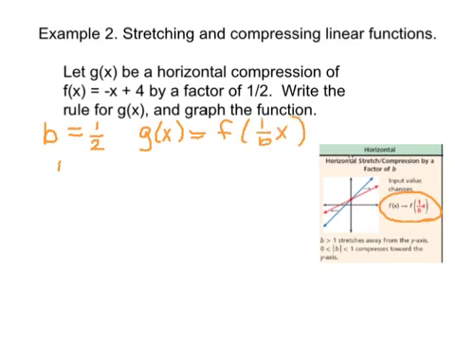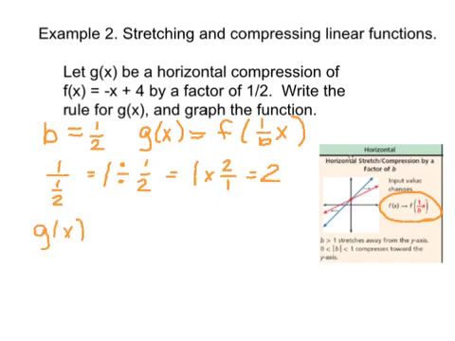So what is 1 over b? 1 over b is 1 over 1/2. So that's 1 divided by 1/2. Division of a fraction is the same as multiplication of the reciprocal. So 1 over b is 2.